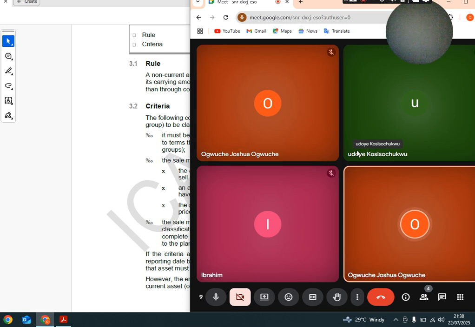So when it comes to this standard, please be ready for scenario-based questions. The examiner may test your knowledge by giving you different scenarios. Then when answering the question, you don't just say no. If you have the time, list out the conditions of the standard, what the standard says. Then you state whether the scenario complies with the standard or not.